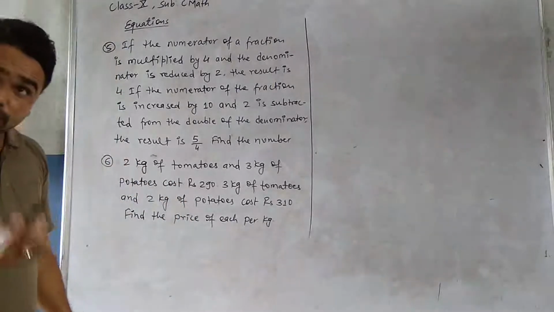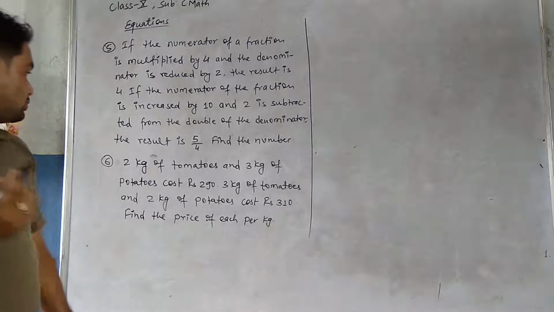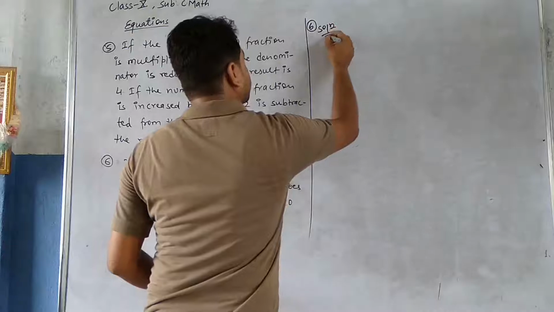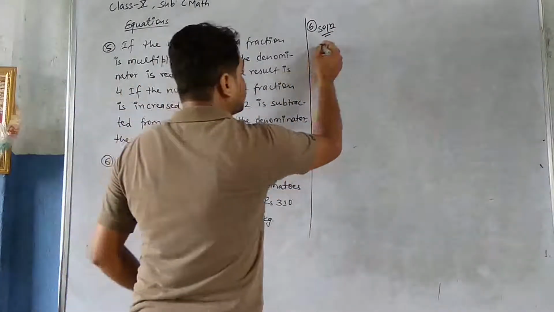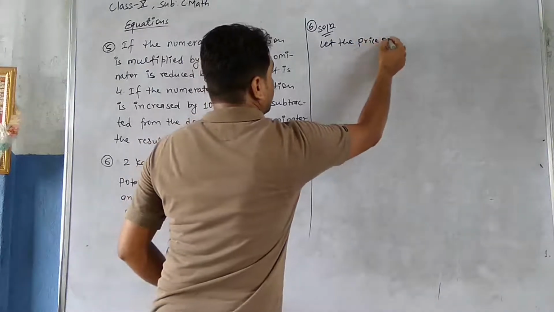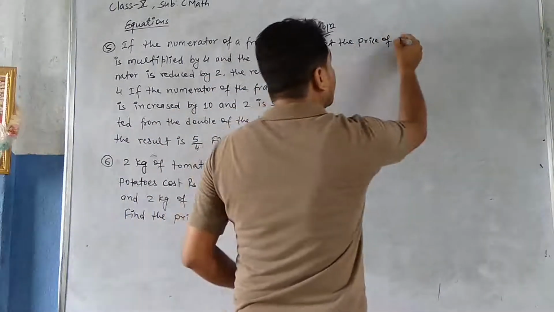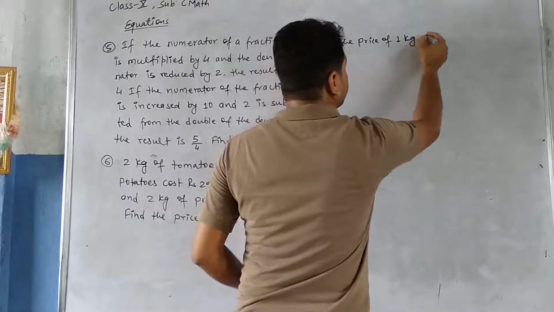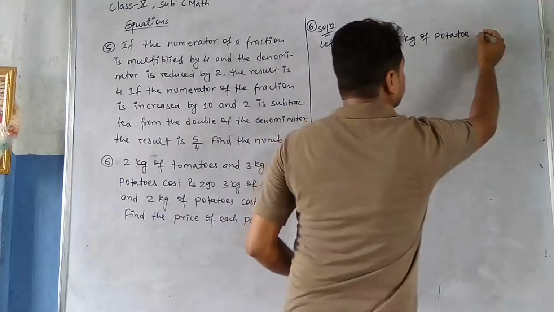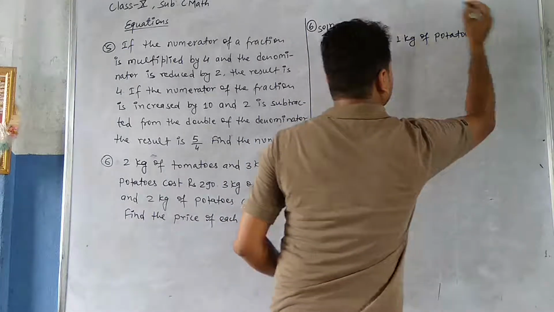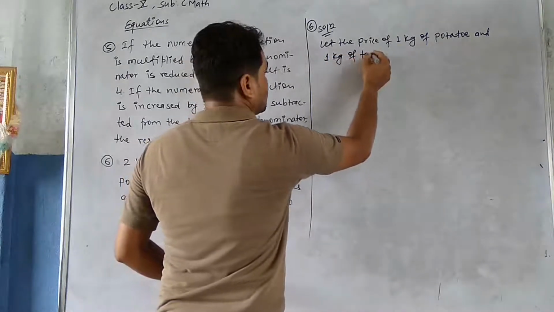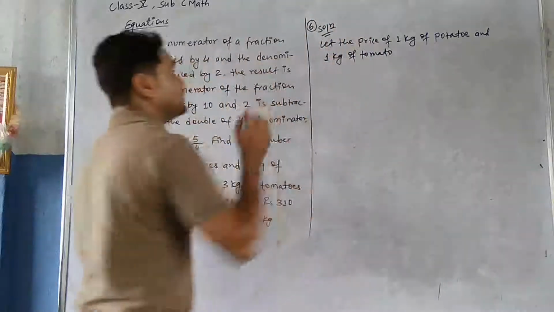1 kg of tomato is what? 1 kg of potato equals what at first. For the question number 6 solution, yes, we have to lay that and let the price of 1 kg of potato and 1 kg of tomato.